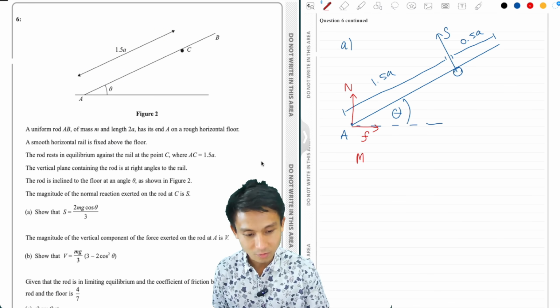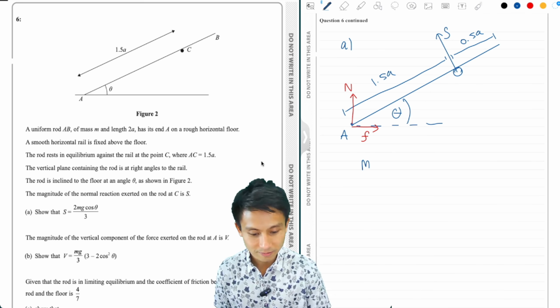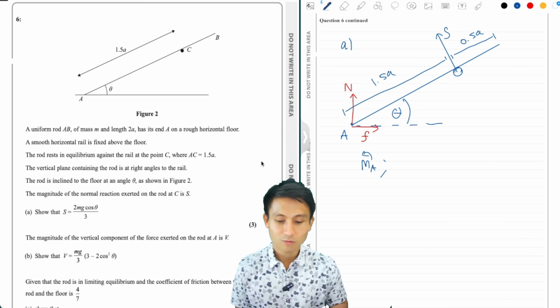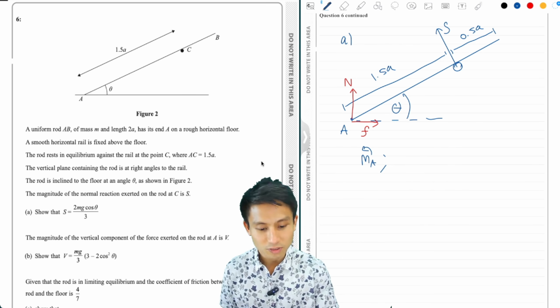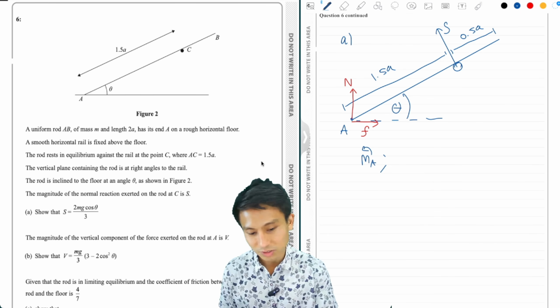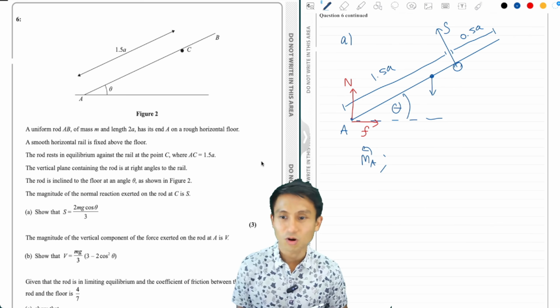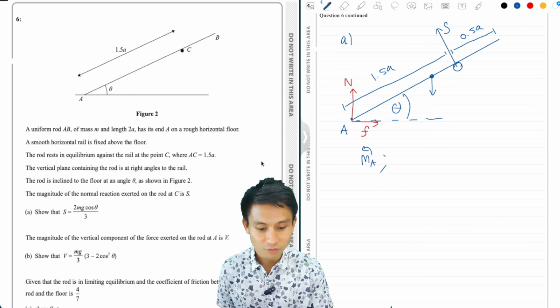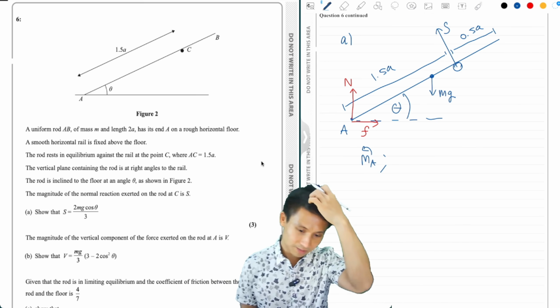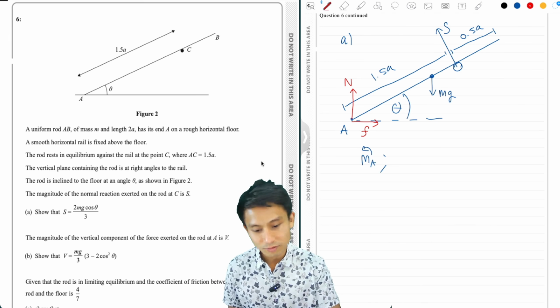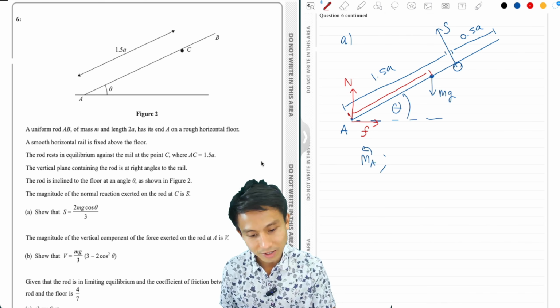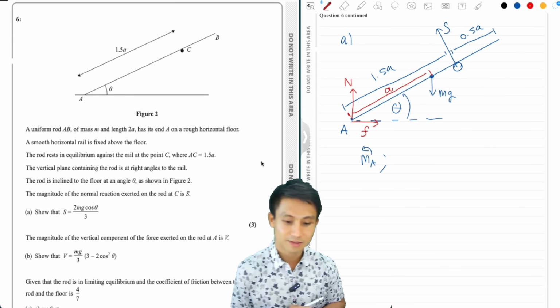So if we take moments about A, we do a moment equilibrium about A. The only two forces we should consider are S, of course, and the other one is just the weight of the rod. Because the mass of the rod is m, the weight is mg. We know that the rod is uniform, so that length there is going to be just a.